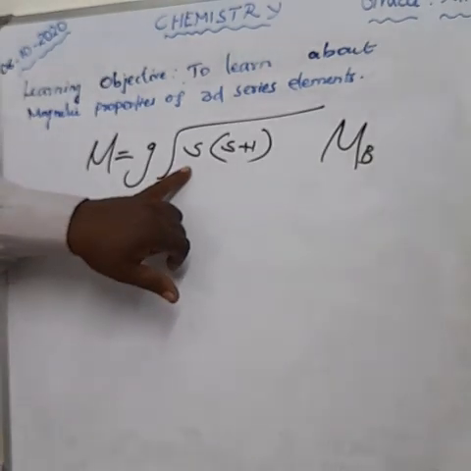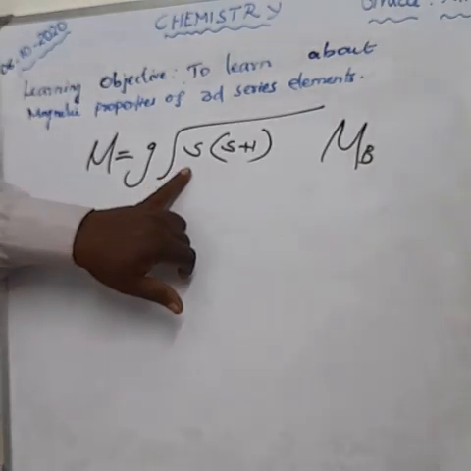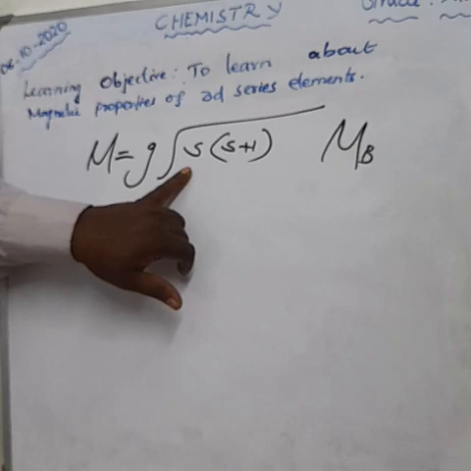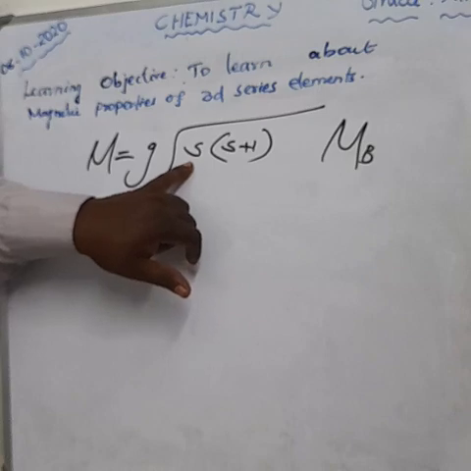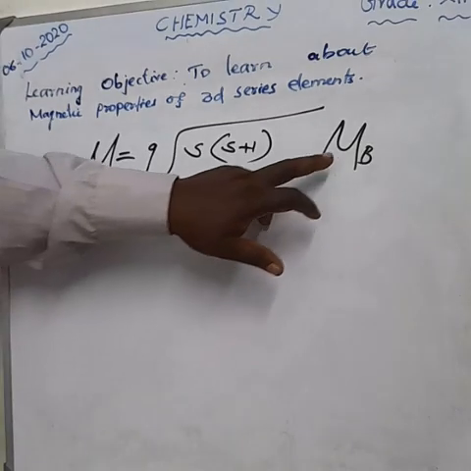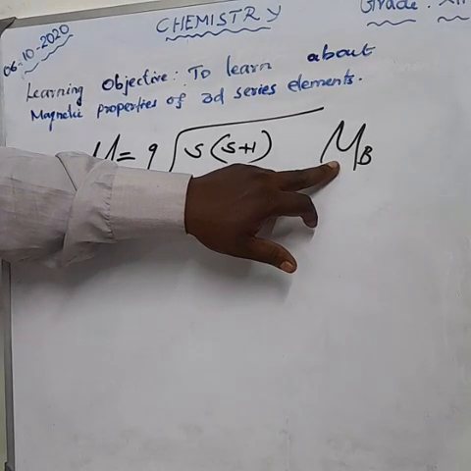Here S is the total spin quantum number of the unpaired electrons.